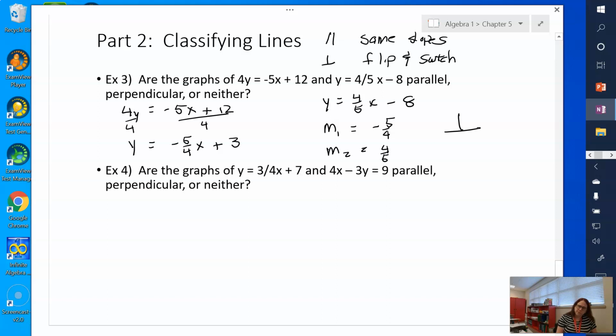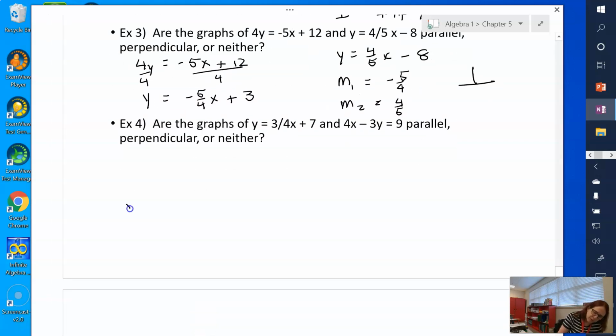Look at the next one. We have y equals 3/4 x plus 7. This one is already in slope-intercept form. Now look at my other one: 4x minus 3y equals 9. Again, standard form, so I'm going to do some work.